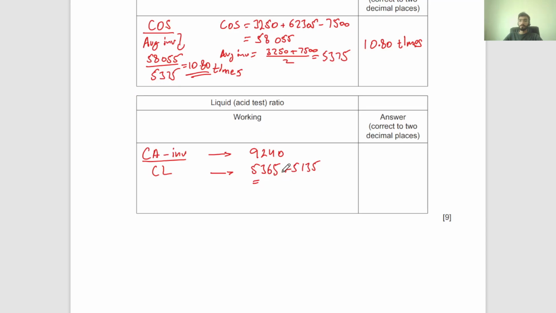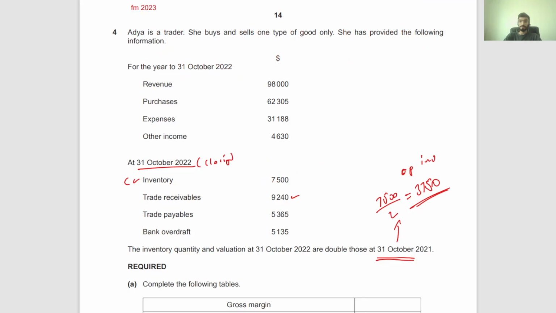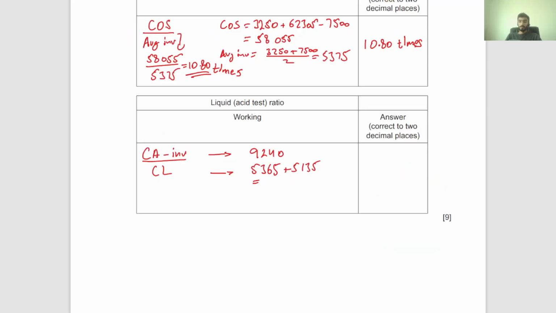Let me confirm once again: 5365 plus 5135 will give us 10500. Put that in the formula.